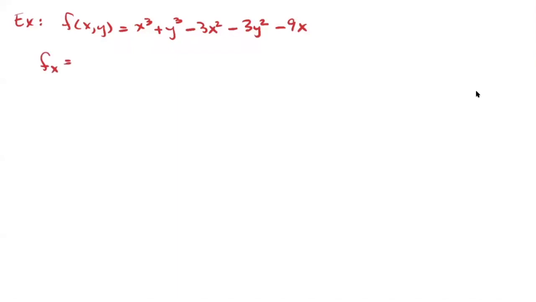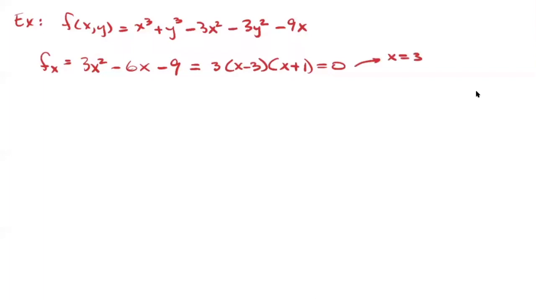Fx, if you take that first derivative, pretty clean, 3x squared minus 6x minus 9, which factors as 3 times x minus 3 times x plus 1, and you set this equal to 0. So from this, you're going to get x is 3 or x is negative 1.